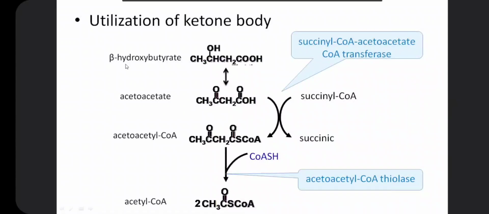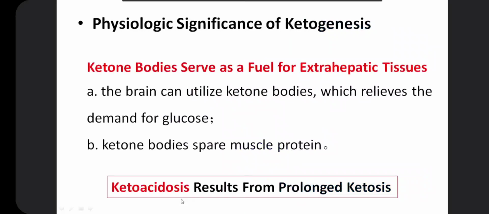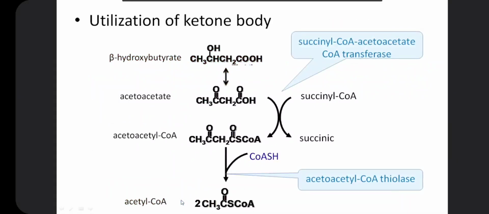And here, beta-hydroxybutyrate is also utilized by being dehydrogenated first to acetoacetate, and then can be converted into acetyl coenzyme A. So here you should remember that the ketone bodies can only be synthesized in liver, right? But the liver cannot use the ketone bodies as energy.